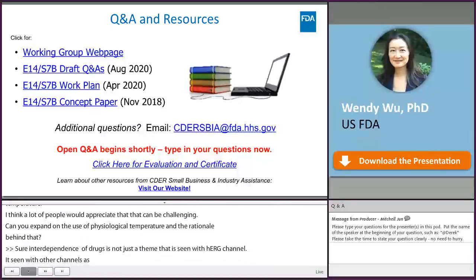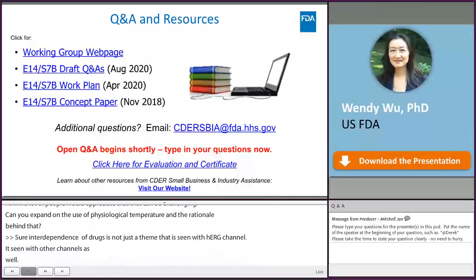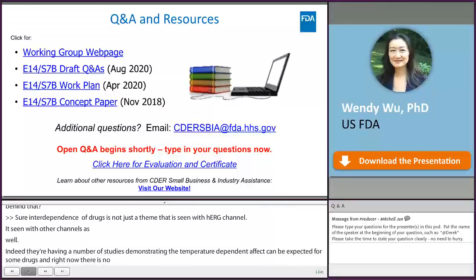Because indeed, and I'll go back to hERG, there have been a number of studies demonstrating that temperature-dependent effects can be expected for some drugs, and right now there is no method to predict which drug is going to exhibit temperature sensitivity or even how big this magnitude is going to be, hence this recommendation of recording at physiological temperature.